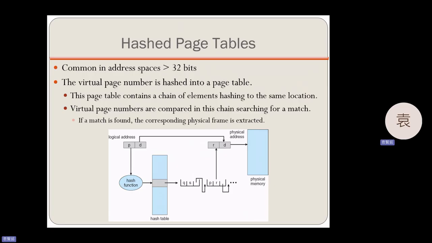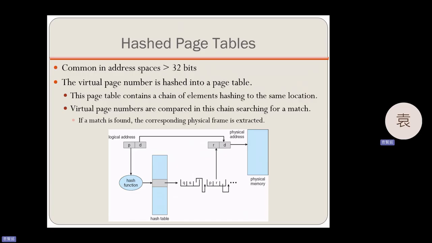This table contains a chain of elements hashed to the same location. If virtual page numbers hash to the same place, they are compared along this chain to search for a match.